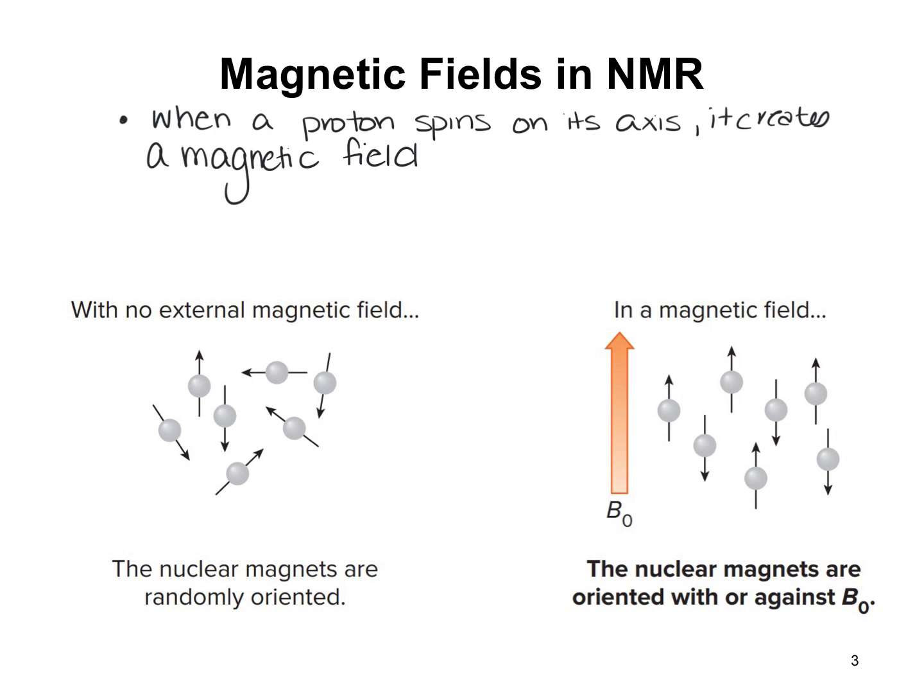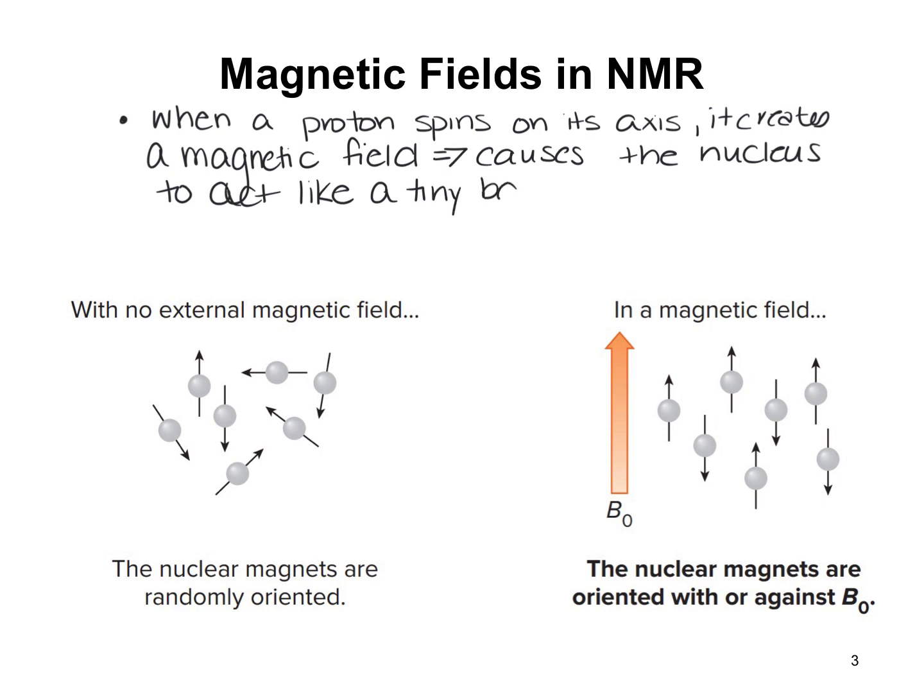And when it does this, it causes the nucleus to act like a tiny bar magnet. And so we represent that as the magnet here, and that's the nucleus, okay? And so all of these little guys that are shown here are going to be those protons.